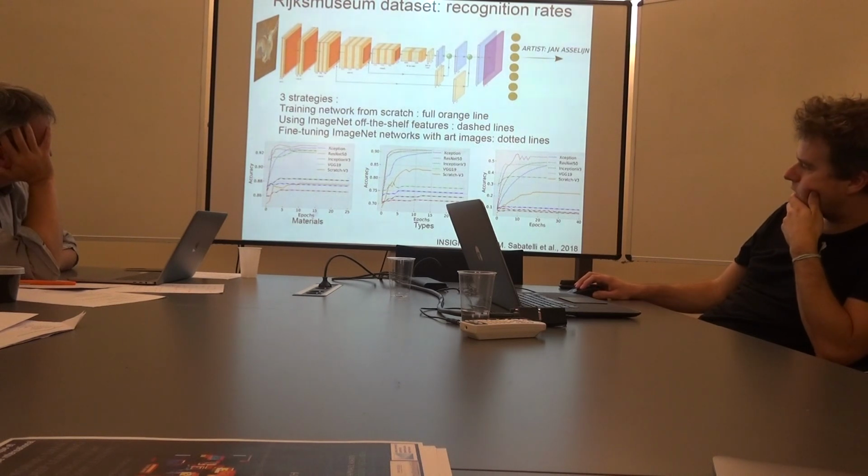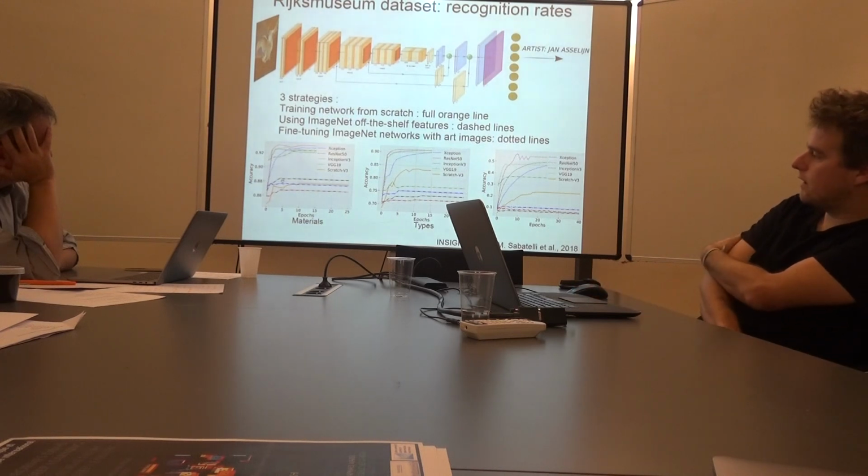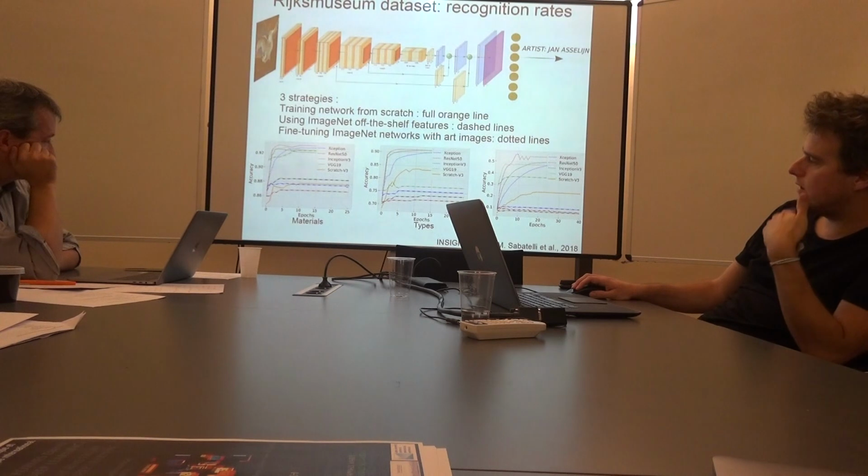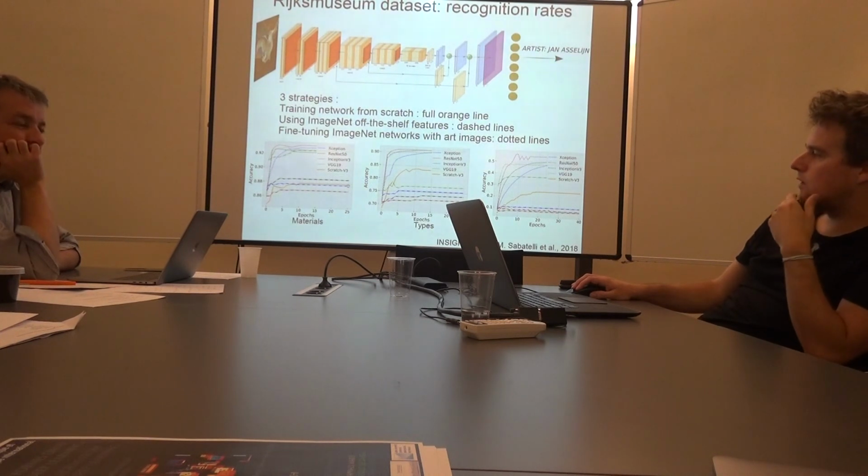To make the story short, here you have the three classification tasks: materials, types, and artists. You have different lines corresponding to different architectures of deep networks, and the orange line means, for example at this point, that this network built from scratch will reach about 88% accuracy, so 88% of the time the models correctly predict the material of the image.